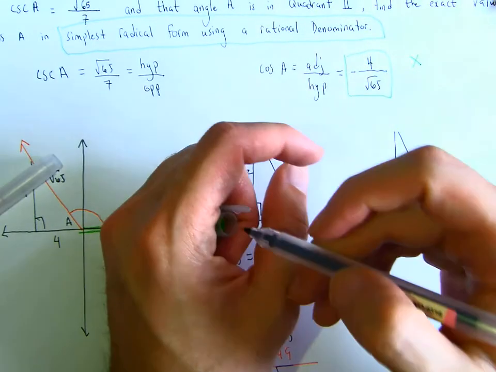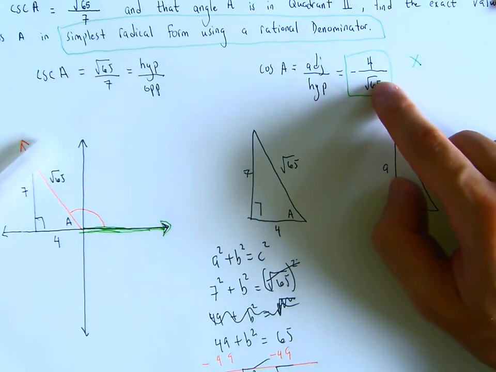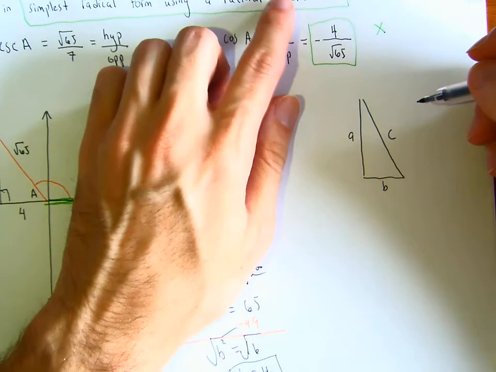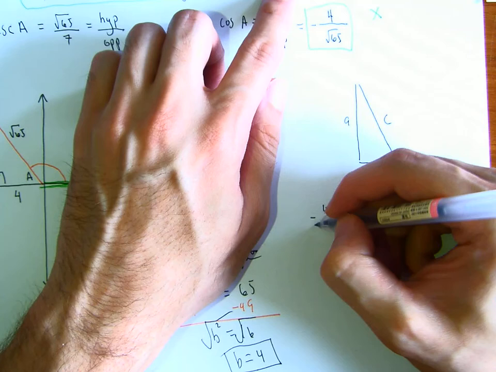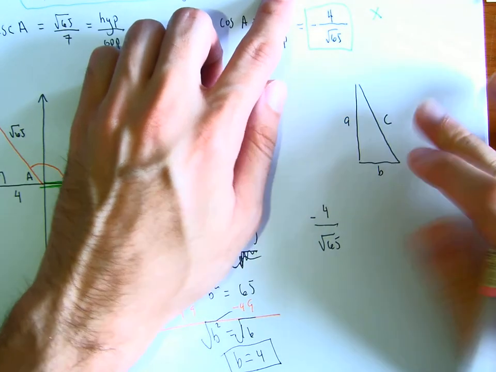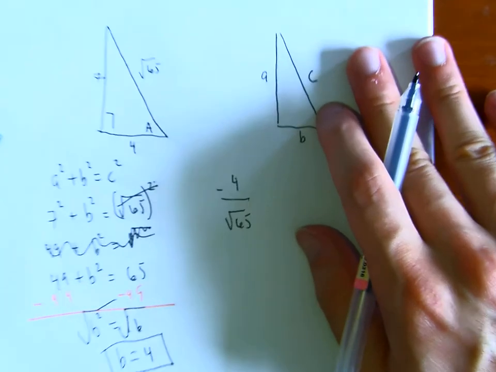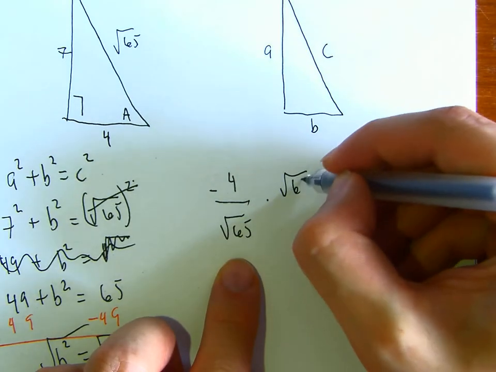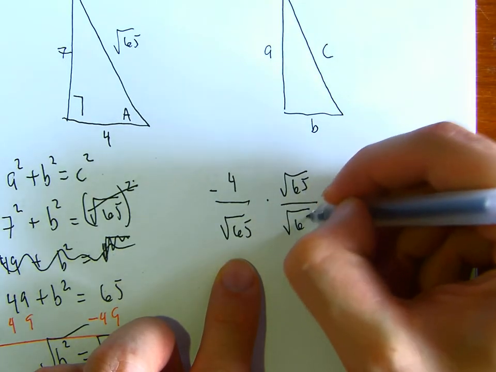So don't forget, if you put this into Delta Math, you're wrong, because you have to rationalize the denominator. If you have negative 4 over square root 65, what was the little trick we did to get rid of this radical in the denominator? We multiplied the top by square root 65 and the bottom by square root 65.